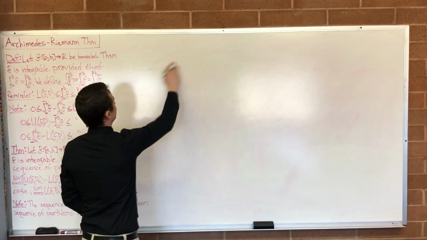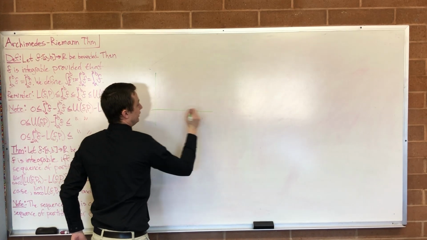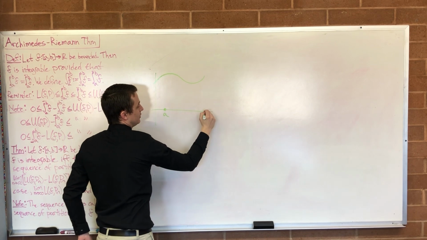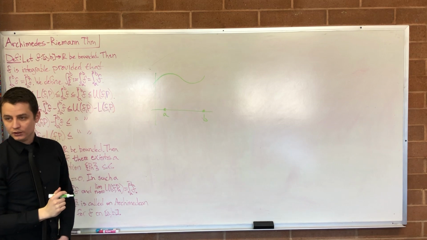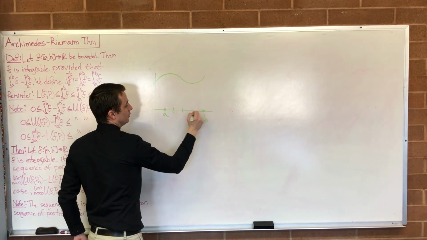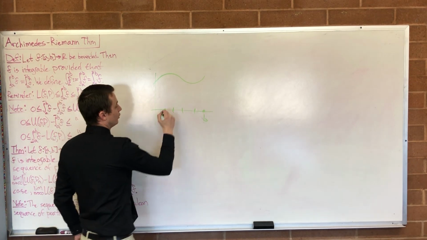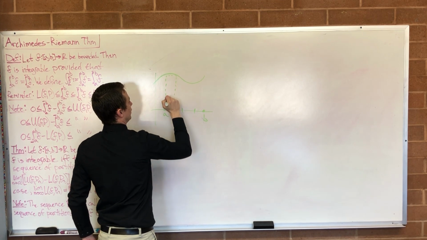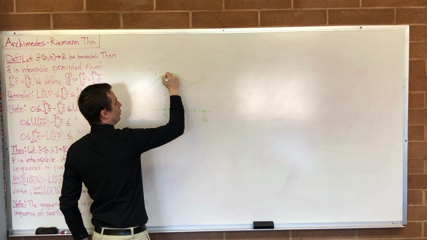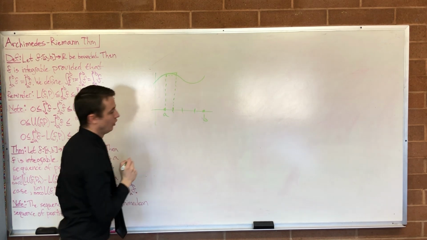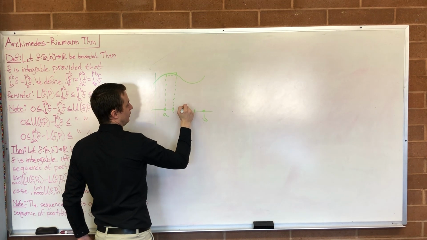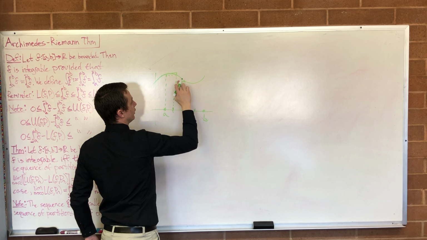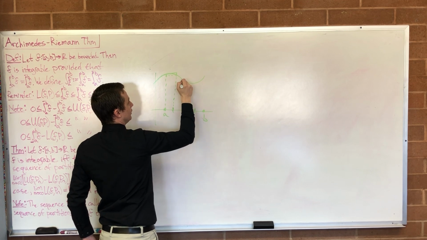Let's look at one real quick. So really try and make sure we see exactly what's going on. So I've got some function defined from A to B, right? And I give it some partition, something like that. So our lower Darboux sum is going to go like that, and our upper Darboux sum would come all the way up to here on that triangle, or rectangle. Similarly, our lower Darboux sum here would come up like that, and our upper, sorry, keep that dotted so we can distinguish the difference.